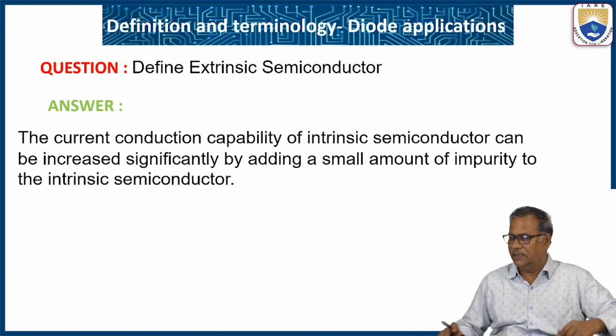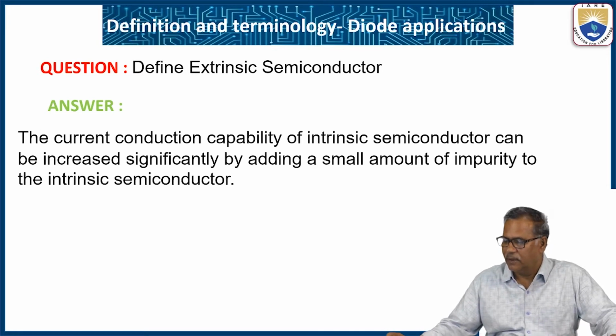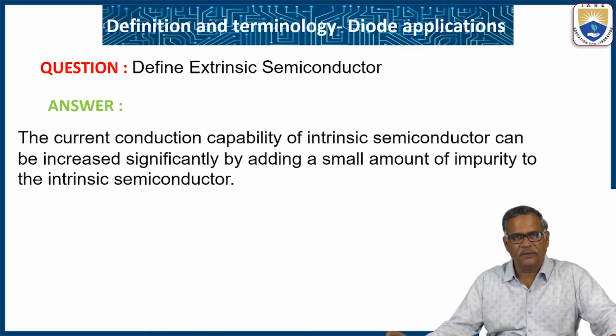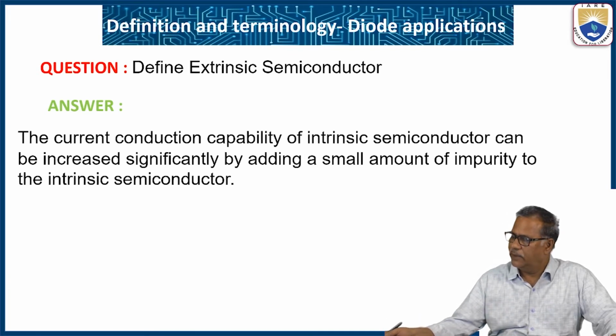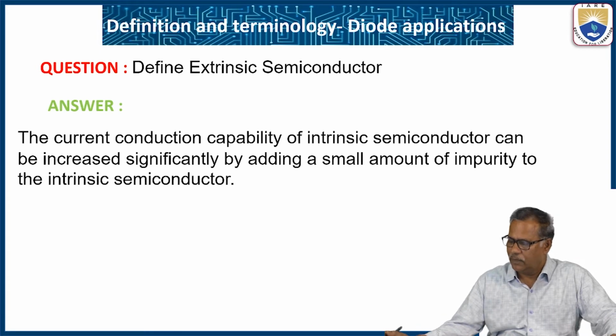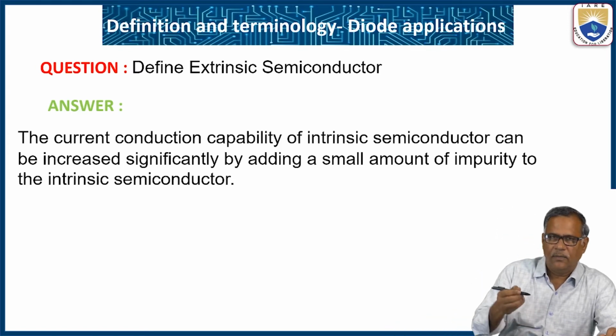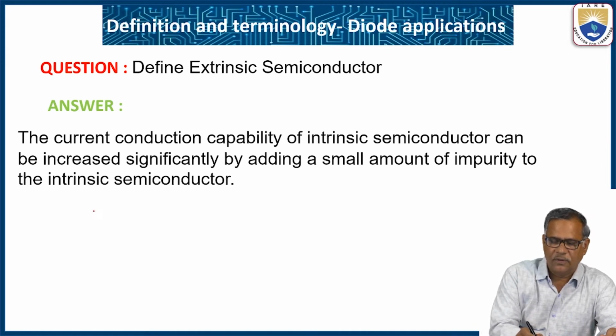Define extrinsic semiconductor. So extrinsic semiconductor is a material where the number of electrons is not equal to the number of holes. By adding impurities, the intrinsic semiconductor is made extrinsic by adding proper dopants.